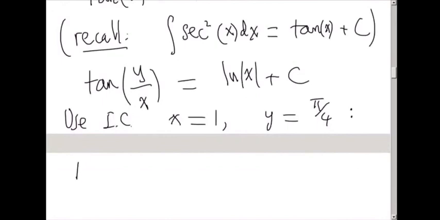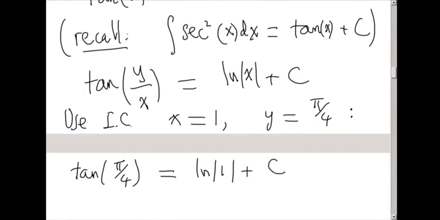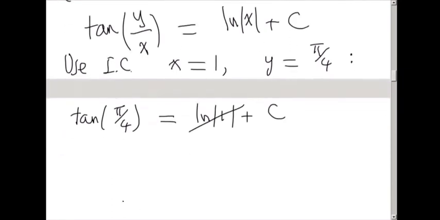So we plug in. We have tangent of y over x, which is pi over 4 divided by 1, the same as pi over 4, equals natural log of 1 plus c. Natural log of 1 is 0, and what is the tangent of pi over 4? You know how to do this. This is just 1. So c is 1.